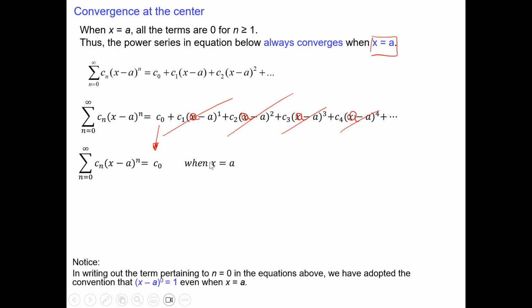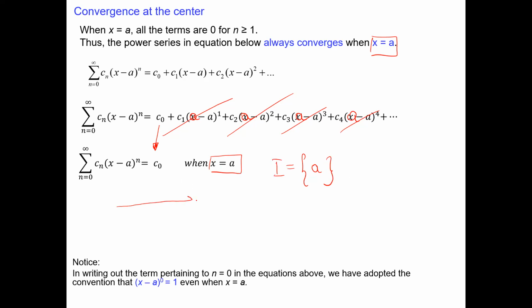That means at the center, the power series is always convergent. We will always have at least one value of x. In this case, we can say that the interval of convergence is just a set of one number. That's the interval of convergence.